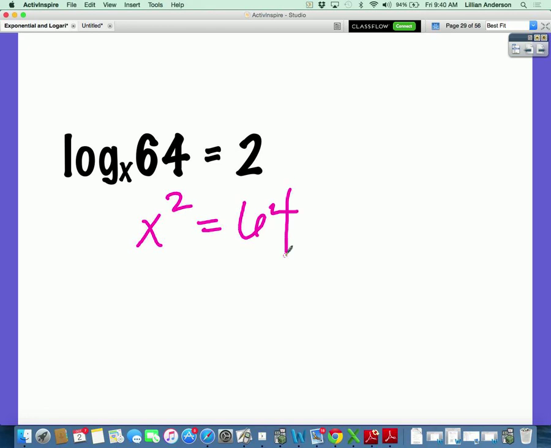When you solve for x, what do you do? Take the square root of 64. So you have x equals what? You sure? Yeah, and negative 8 times negative 8 is 64, isn't it?